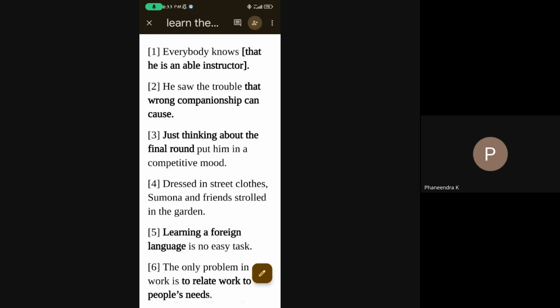Either it is a single word like everybody, which is a pronoun, or it is a clause, which is that he is an able instructor. So if in the object position you can place the subordinate clause, then we can also do the same in the subject position. I'll give you examples when and where we meet with it.